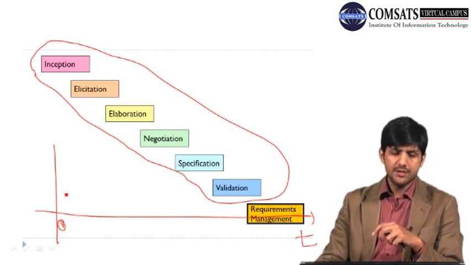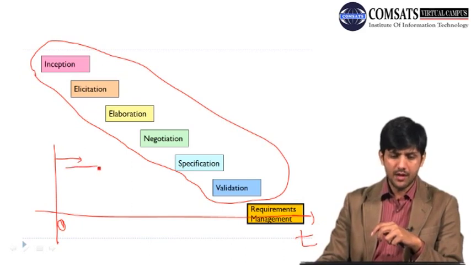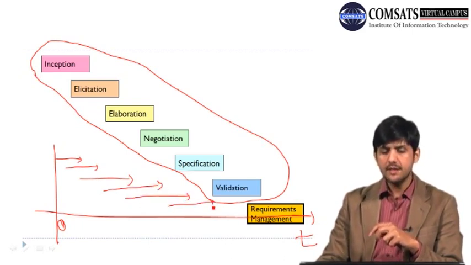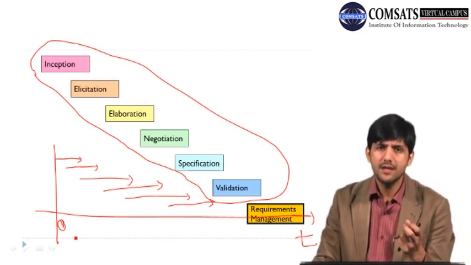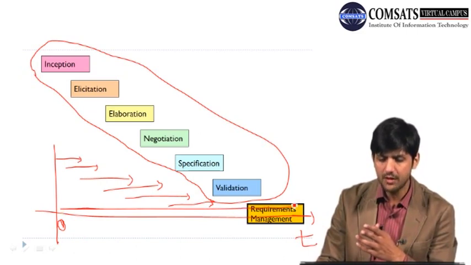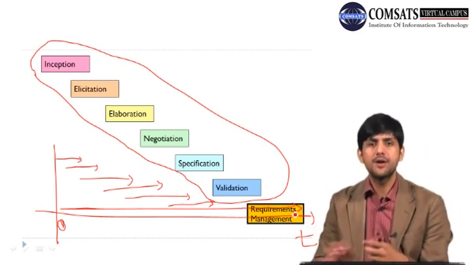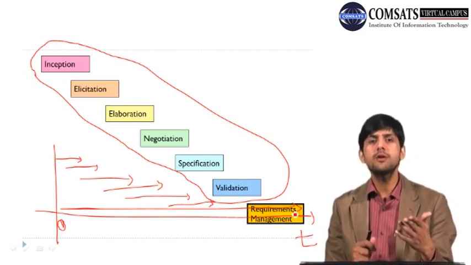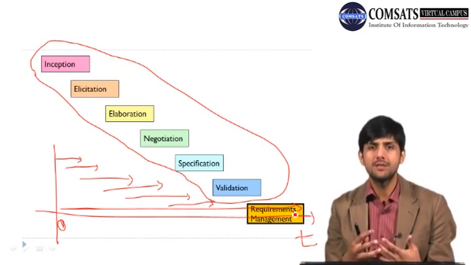You start your inception here, then elicitation, then elaboration, and you also start negotiating the requirements, then specifying the requirements, and you do your validation. Whereas requirements management goes throughout the project until you actually deliver the product to the client, because it is not only about identifying the requirements, it is also about identifying and controlling changes to the requirements.